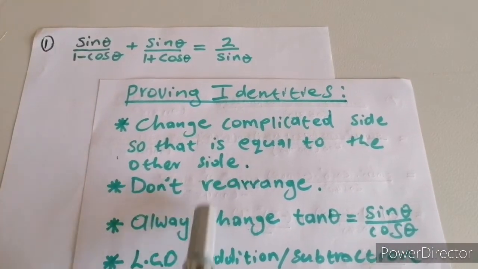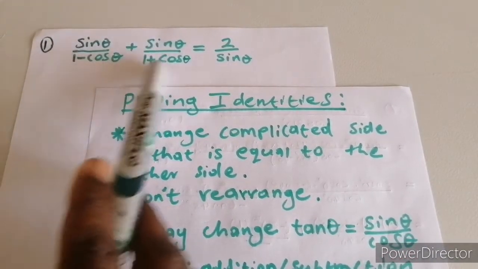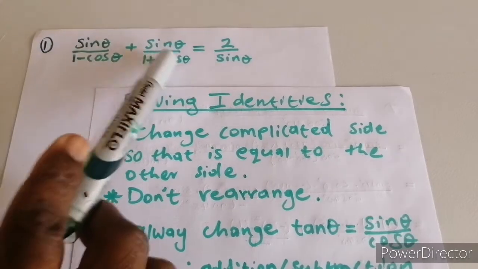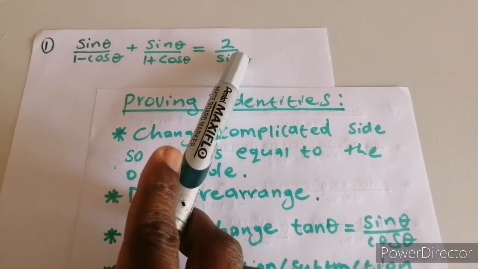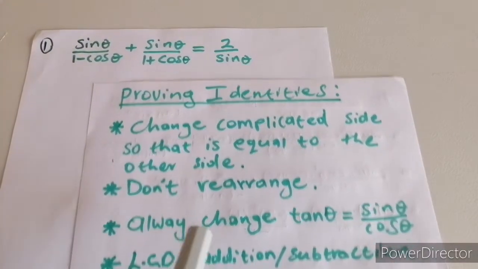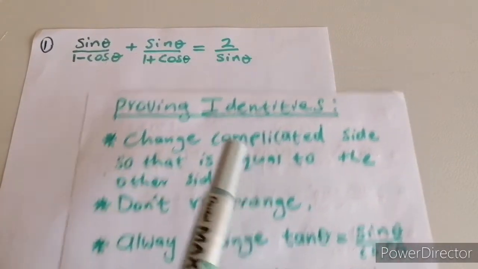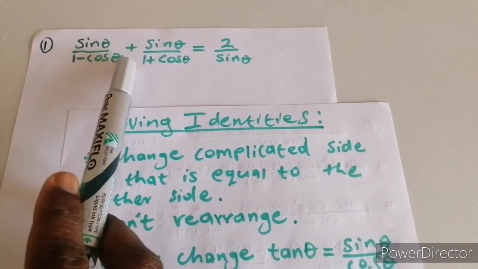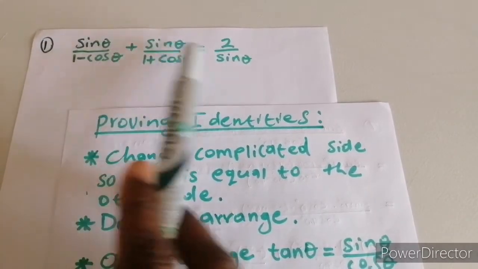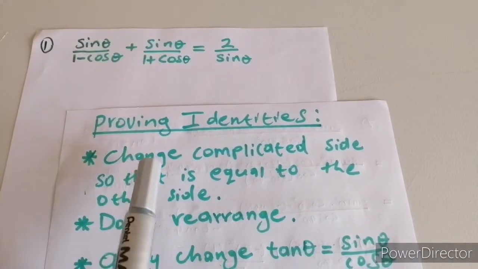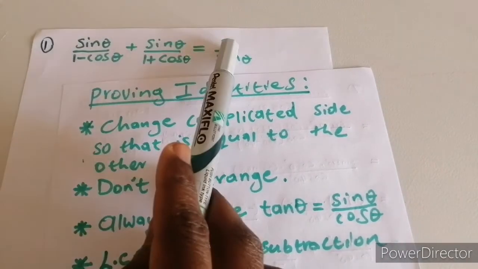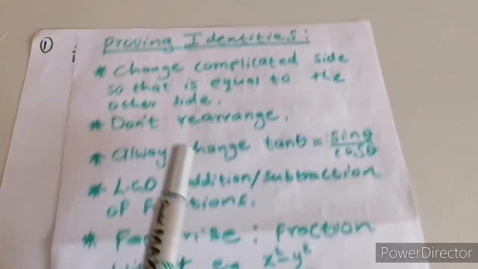If you check there, the complicated side is the left hand side. Now we're going to change the left hand side so that it looks the same as the right hand side. Secondly, don't rearrange. We're not going to rearrange by applying inverse operations here. We're simply going to simplify the left hand side so that it looks the same as the right hand side.